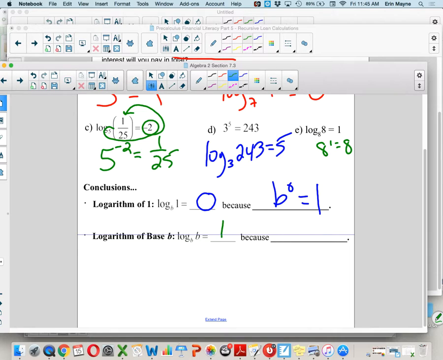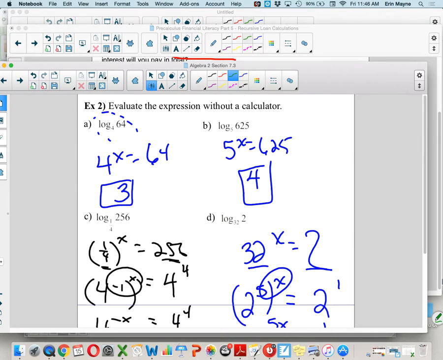Why? Because this is saying, what power am I raising that little b to get itself? 1. So what you're being introduced to, on a really low-key scale, is the idea of properties of logs. We're not going to emphasize them too much yet. But you hear how all of a sudden you can start to see patterns in logs, which you just learned about 15 minutes ago.